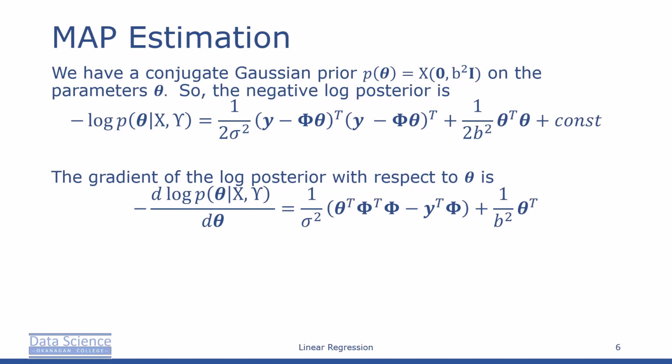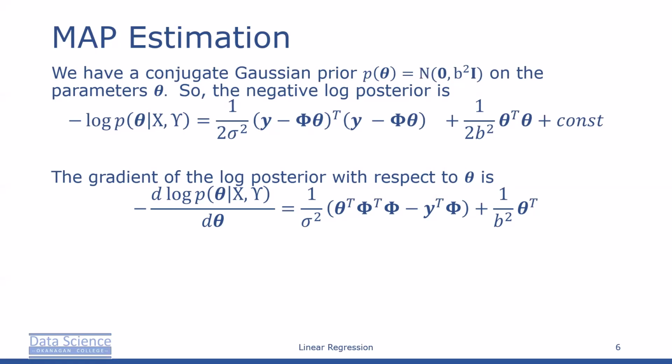For linear regression, we obtain the negative log posterior: negative log P of theta given X and Y equals 1 over 2 sigma squared times (y minus Phi theta) transpose times (y minus Phi theta) plus 1 over 2b squared theta transpose theta plus a constant. Here the first term corresponds to the contribution from the log likelihood, and the second term originates from the log prior.